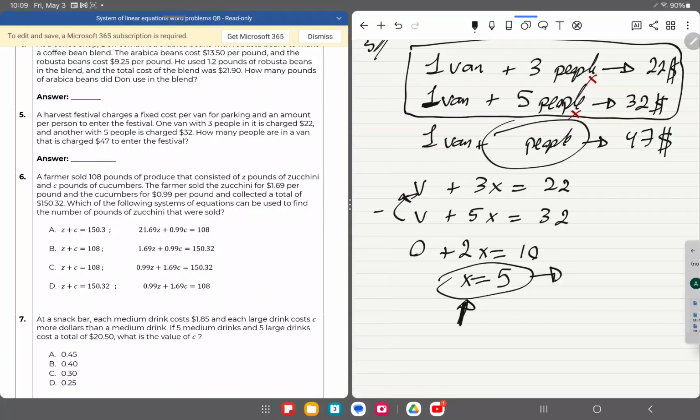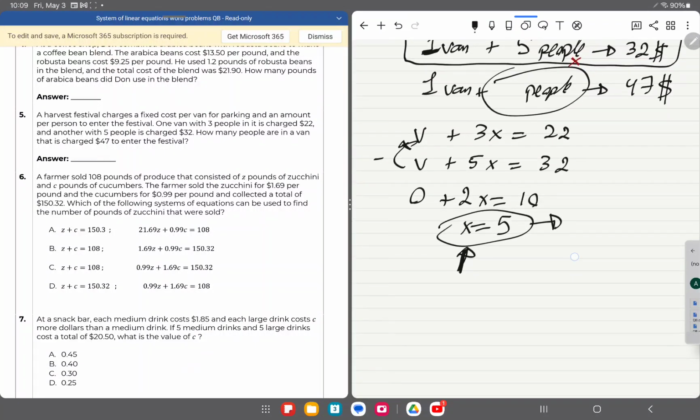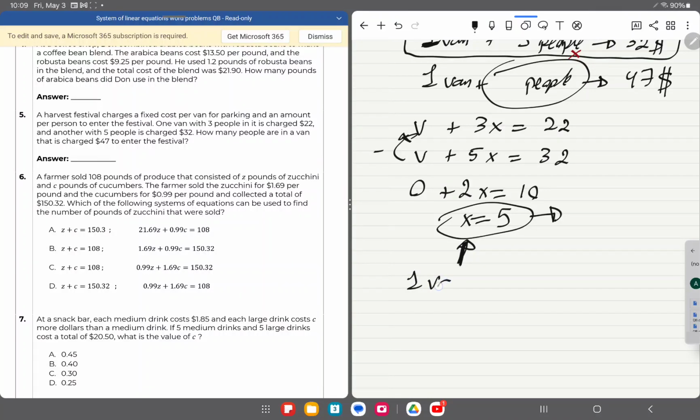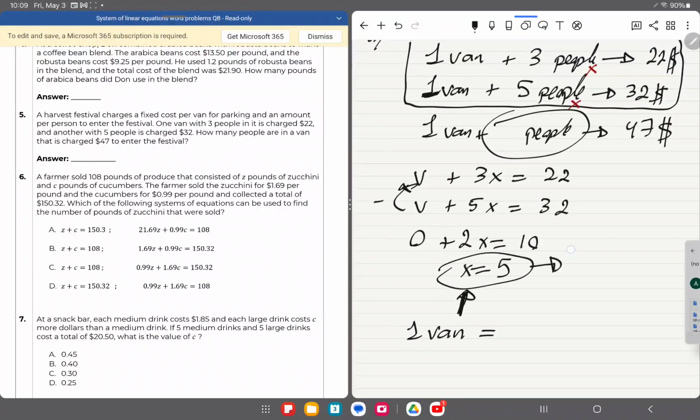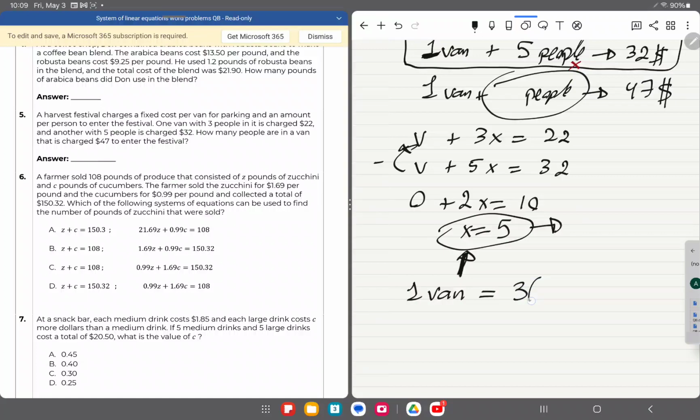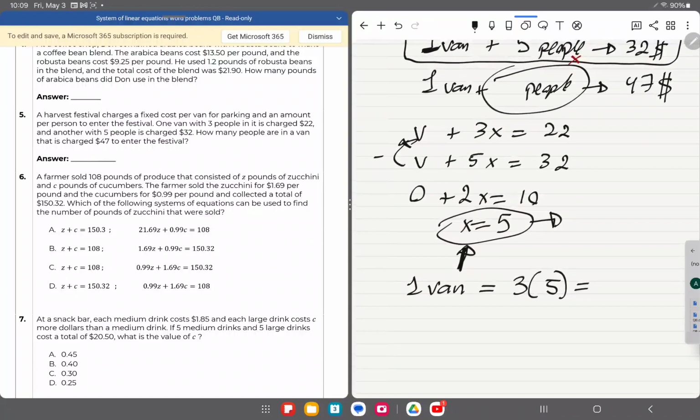Now, since I've got my x over here, I need to figure out the cost of the van. So one van is equal to 3 people. Let's take 3 times 5 is equal to 22. Let me show you.